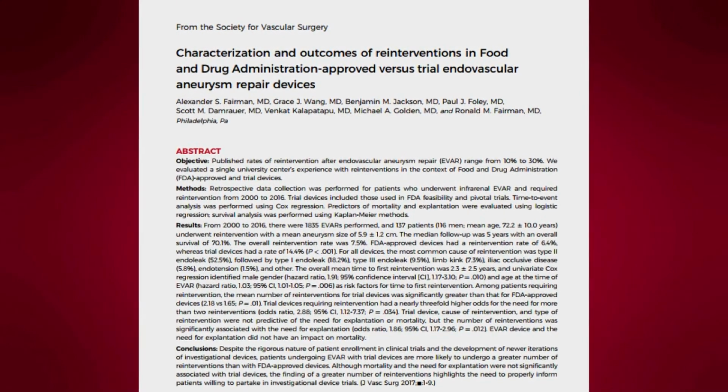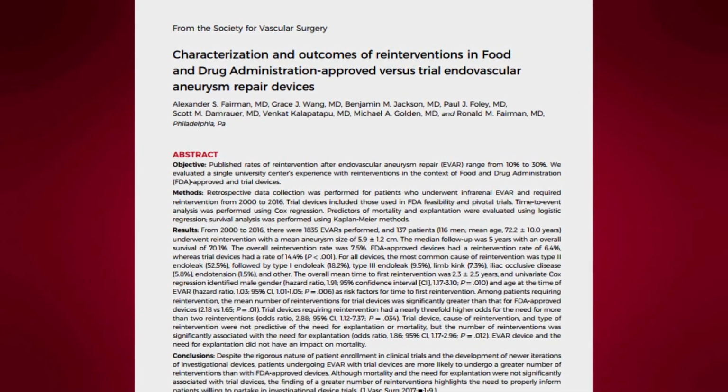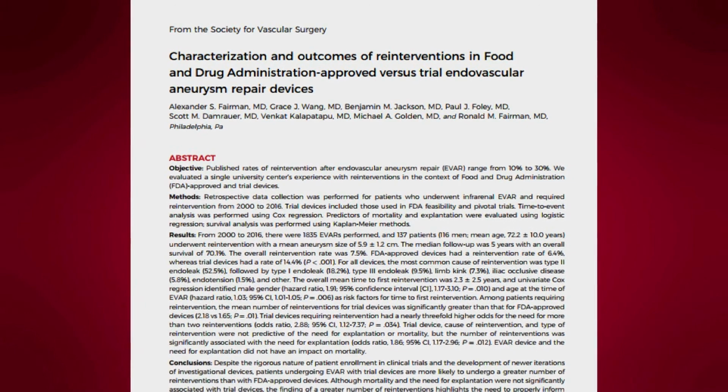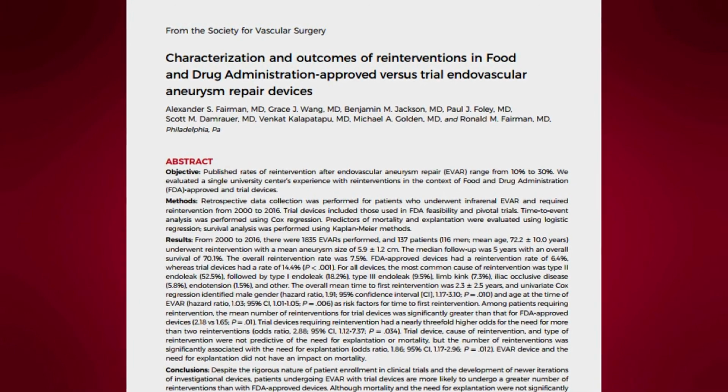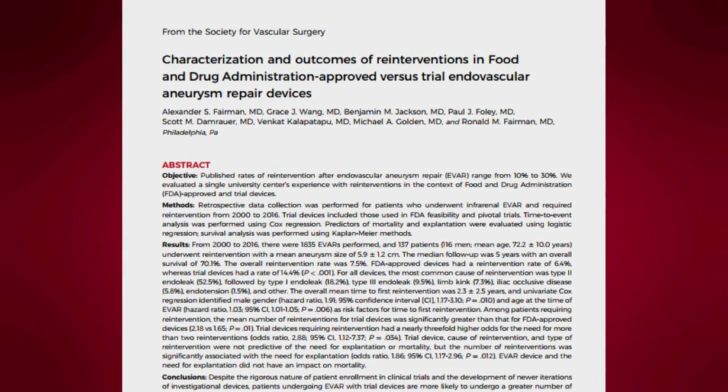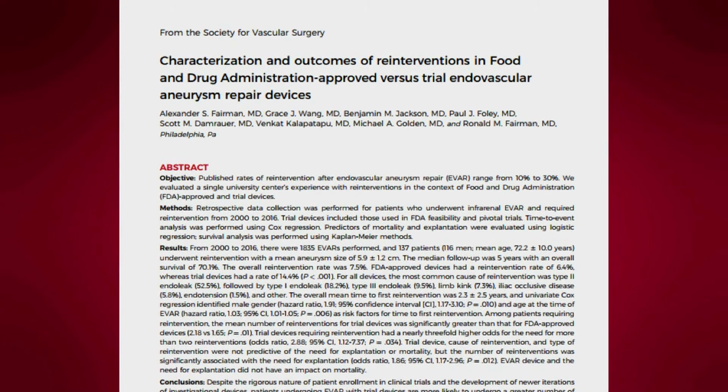The last paper, Characterization and Outcomes of Reinterventions in FDA-approved versus trial endovascular aneurysm repair devices, by Fairman and co-authors from the University of Pennsylvania, addressed the reintervention rates for approved devices versus investigational EVAR devices for the treatment of abdominal aortic aneurysms.